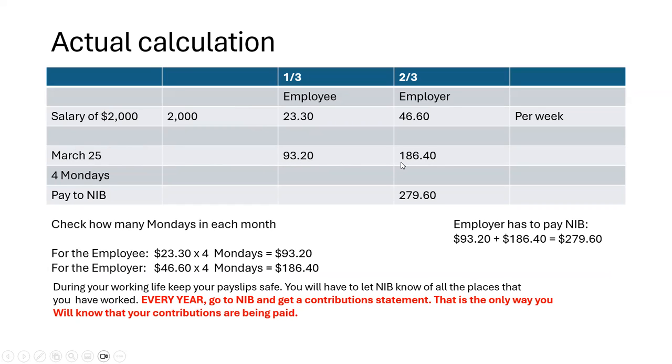The employer has to pay $186.40. So again, the employer will pay to NIB on your behalf $279.60. But remember, you will only see $93.20 on your payslip. Not a cent more, not a cent less. All right? So I did a simpler breakdown here for anyone who needs a little more help.